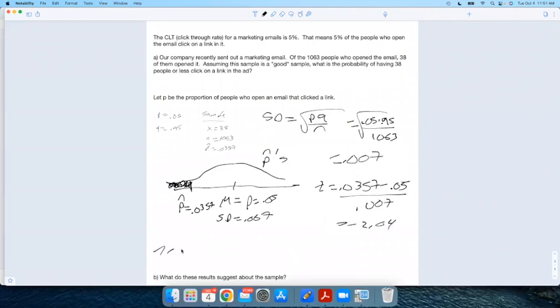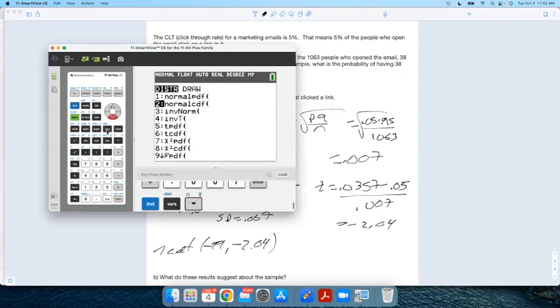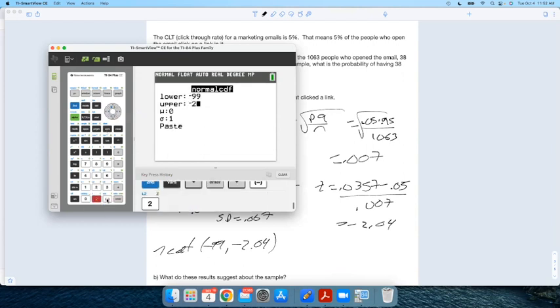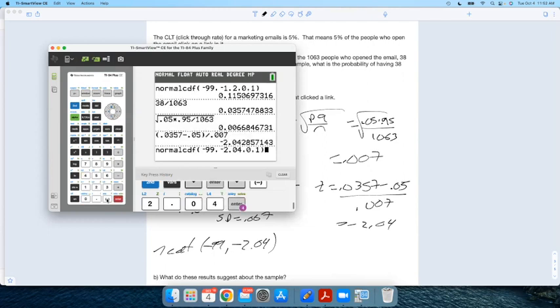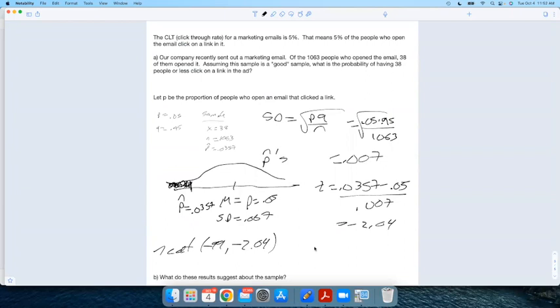And then normal CDF, smallest thing you shaded to the biggest, and these are both z-scores. So negative 99, negative 2.04. 2%. Let's just call that 2%.